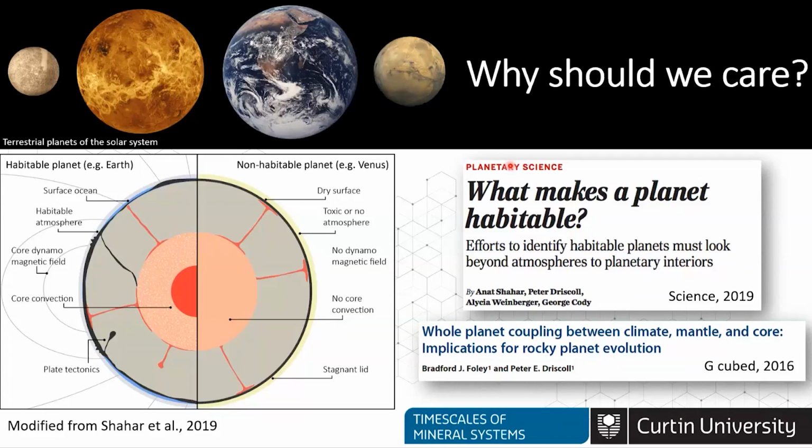So understanding how processes governing the Earth's surface environment and the interior of the planet may be linked has implications not only for the history of our own planet, but also for the evolution of habitable planets in general.